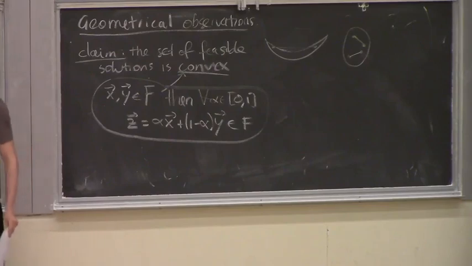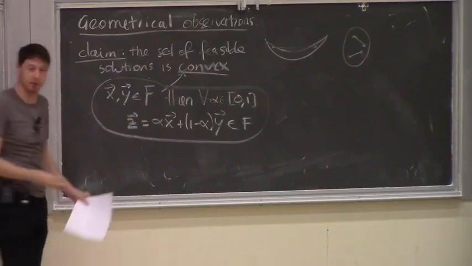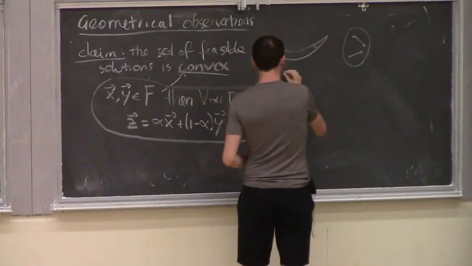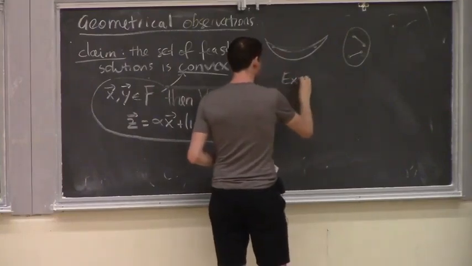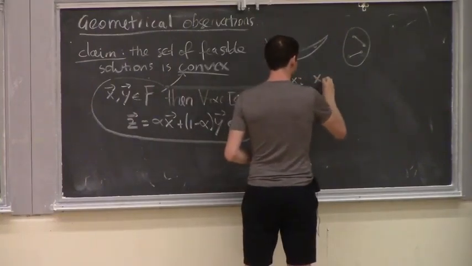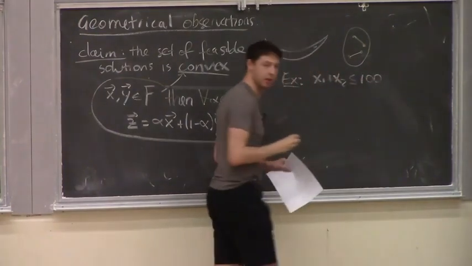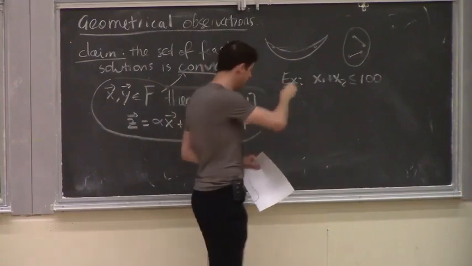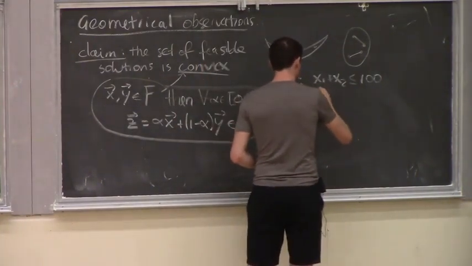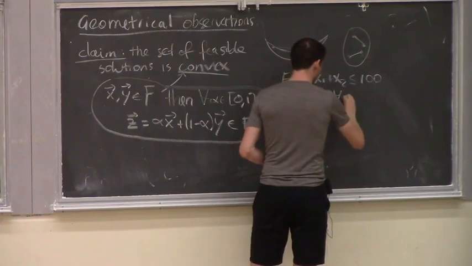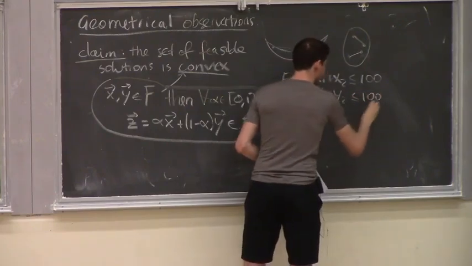Let's say x1 plus x2 is at most 100. That's my x, and I know that it satisfies the constraint. Then I also have y. So y is also feasible. It satisfies this constraint, right?